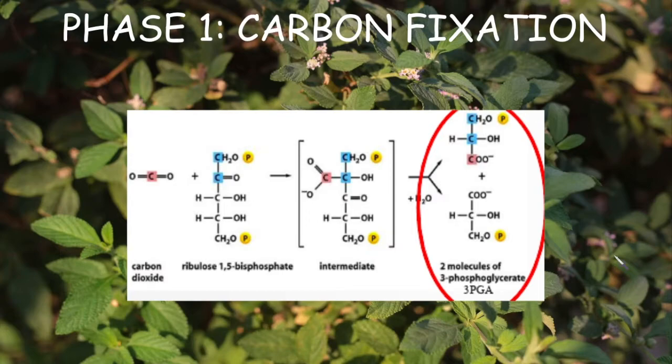Carbon fixation is where a carbon dioxide and a ribulose bisphosphate are fixed by the enzyme Rubisco. And they make 2 molecules of glycerate triphosphate. 2 molecules. That's important because the whole thing kind of gets scaled up and confusing.